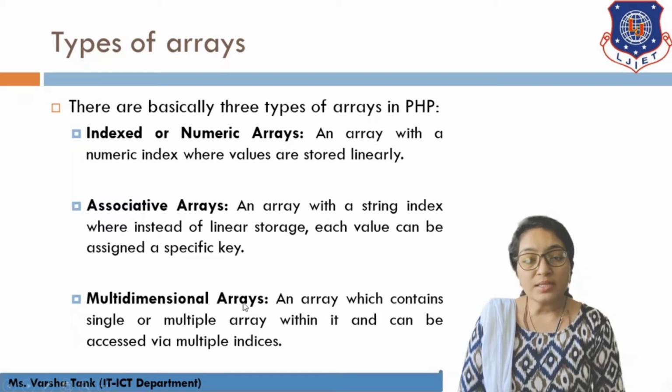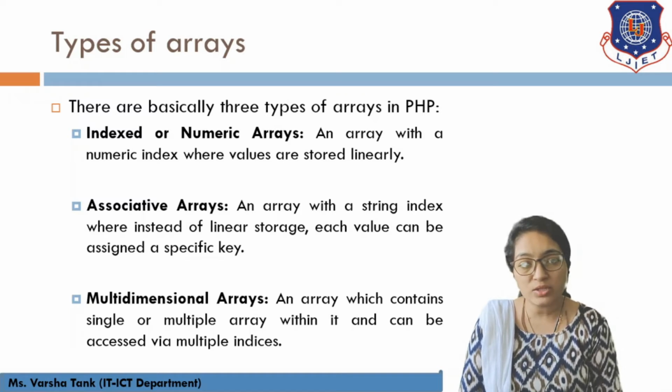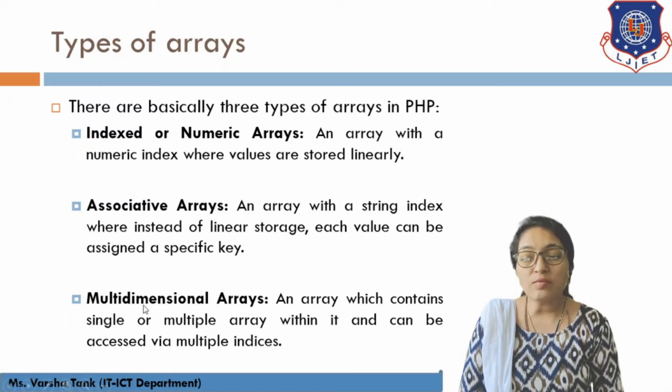Next is the multidimensional array, an array which contains single or multiple arrays within it and can be accessed via multiple indexes. I think all of you are familiar with the multidimensional array, as you have done matrix multiplication and matrix programs in C and other languages. In the same way we can create the multidimensional array here.